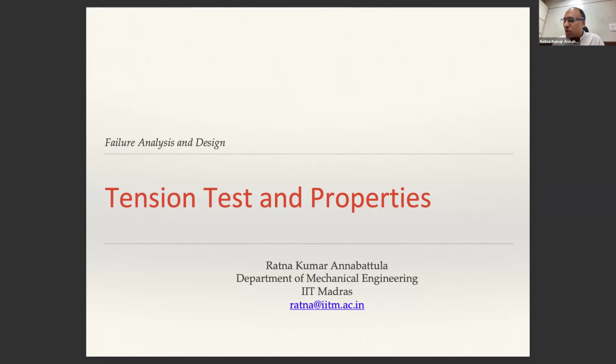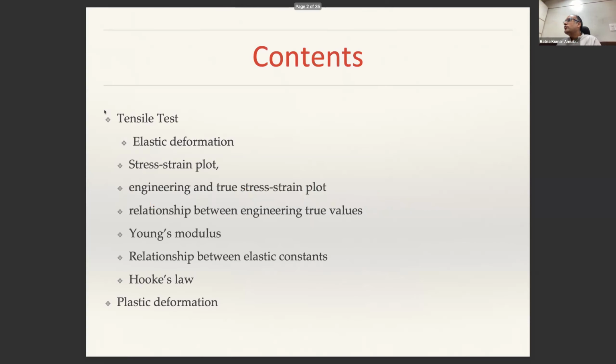So in this module, we are going to look at the measurement of mechanical properties from the perspective of the uniaxial tension test, and how we can use it to measure certain properties which will be useful for design of components. We will look at how a uniaxial tension test is done.